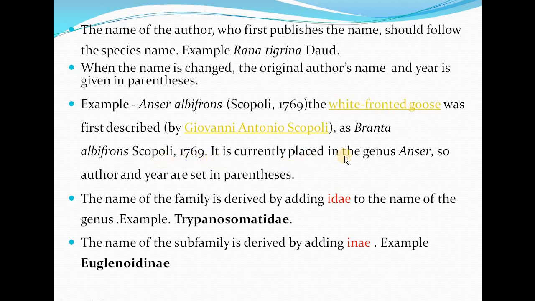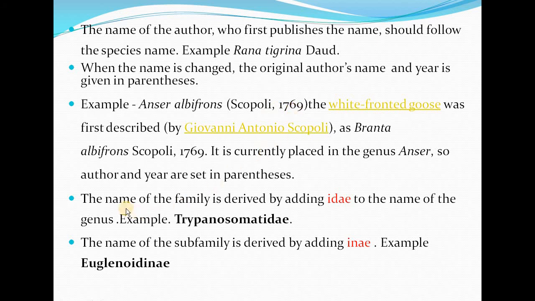But now it is currently placed in the genus Anser, so the name is changed from Branta albifrons to Anser albifrons, and the author name along with the year is given in parentheses.